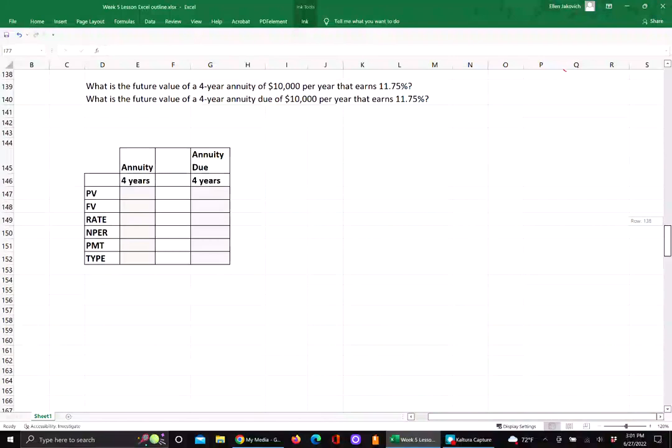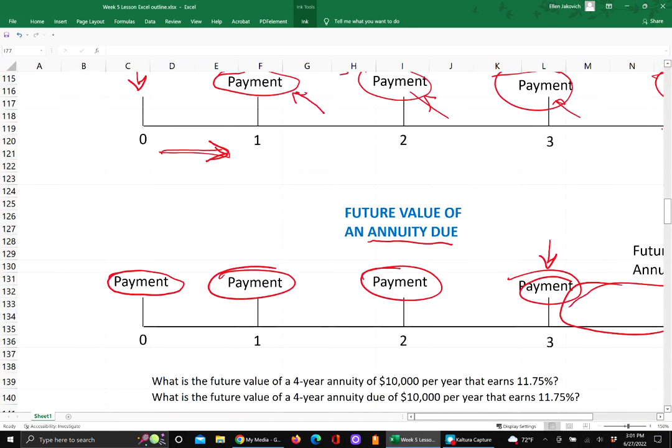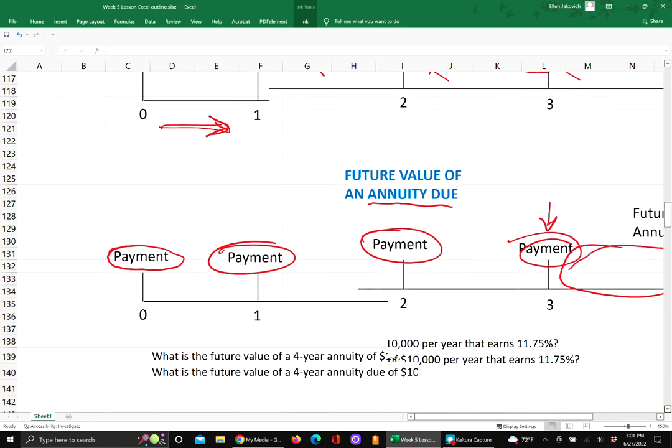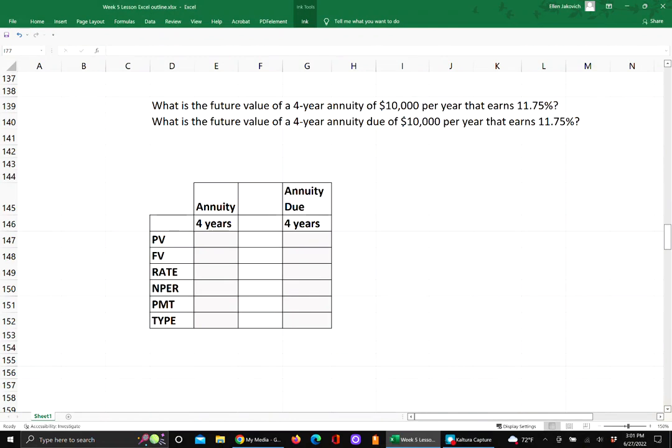So let's work a problem here. We have, I'll make this a little bit bigger. Oops, not that big. Okay, we have what is the future value of a 4-year annuity of $10,000 per year, and it earns 11.75%, a very odd amount, but easy to deal with if you use Excel.